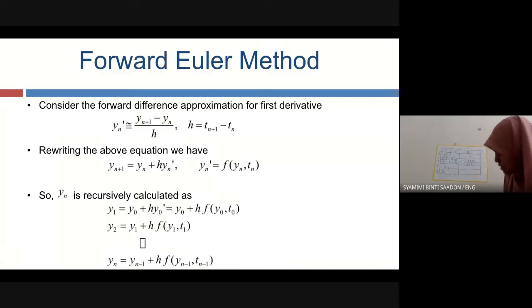T3 is 1.5, y3 is 0.247, y3 prime is 0.284, and T4 is 2 seconds, y4 is 0.689.